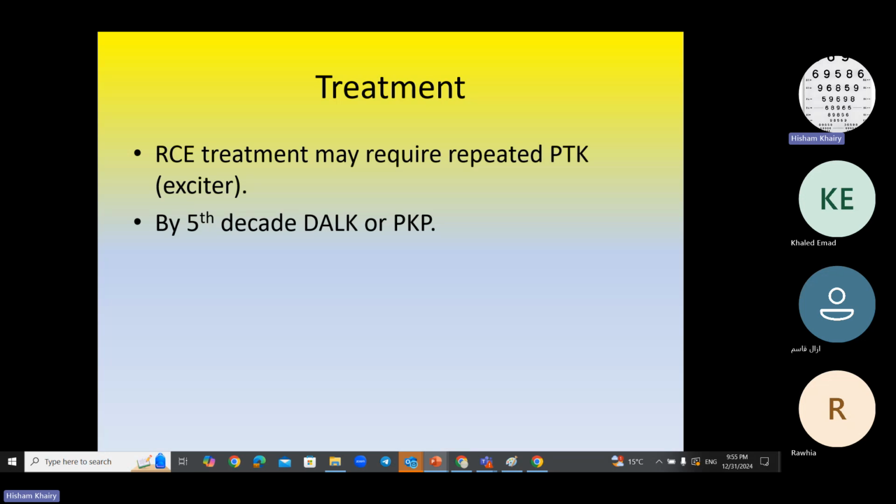The stroma may become hazy by the fifth decade, so the patient may need a deep anterior lamellar keratoplasty.